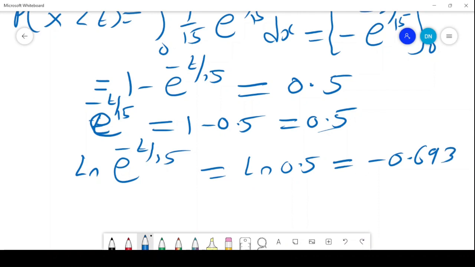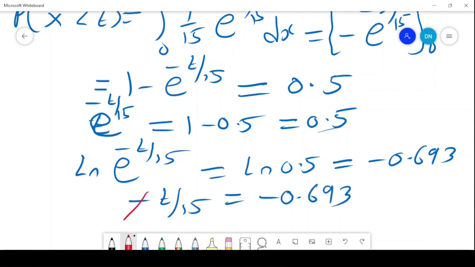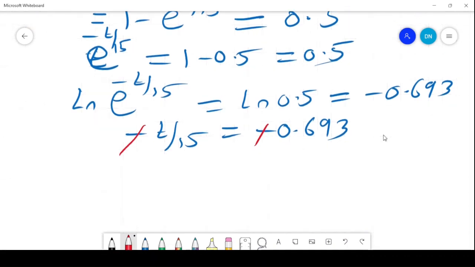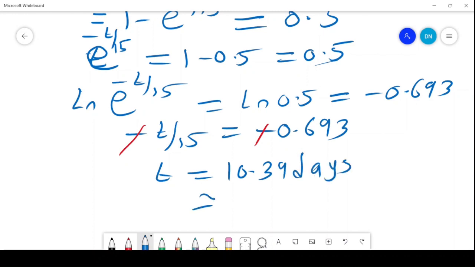Therefore, negative t over 15 is equal to negative 0.693. The negative signs will cancel, and we'll be able to get the value of t. And t is equal to 10.39 days. We could say it's approximately 10 days, like what we got in the previous example.